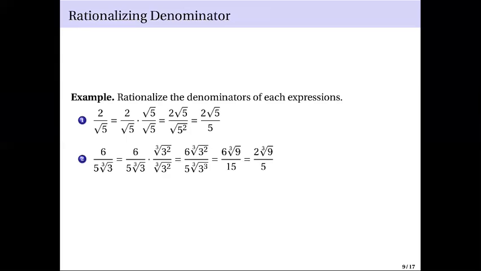Say you have, for example, square root of a. There is an invisible 2 in here, correct? To remove that, we need a to have power 2.